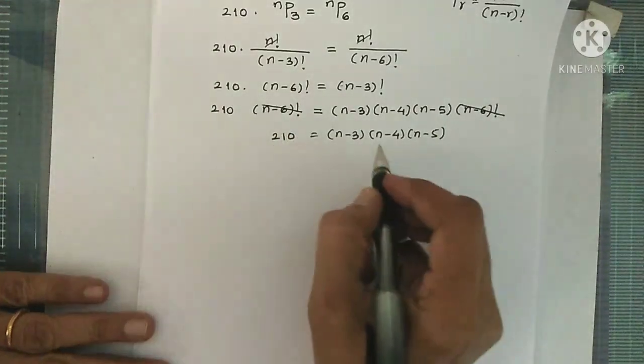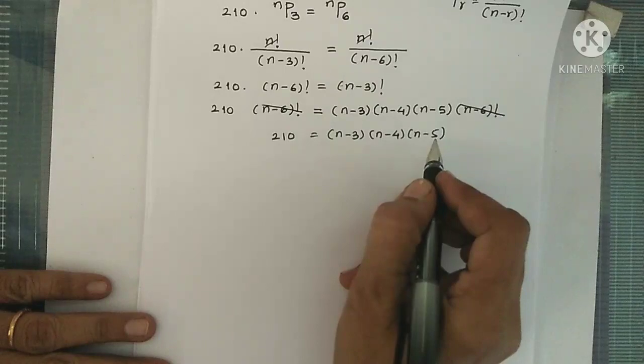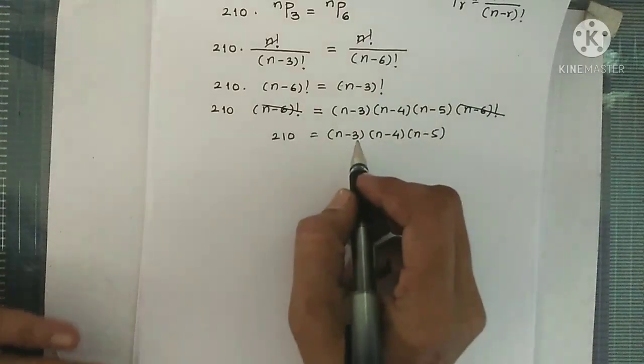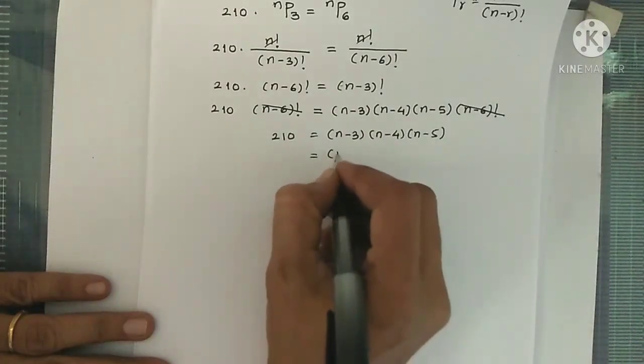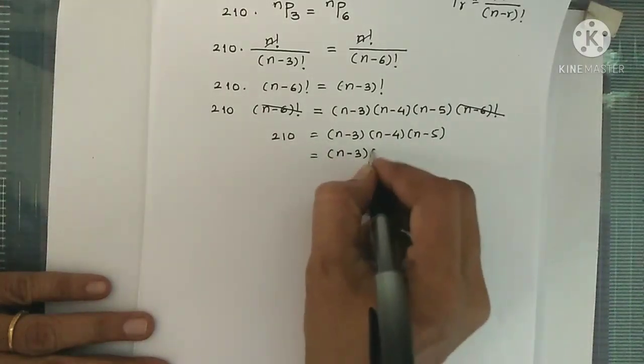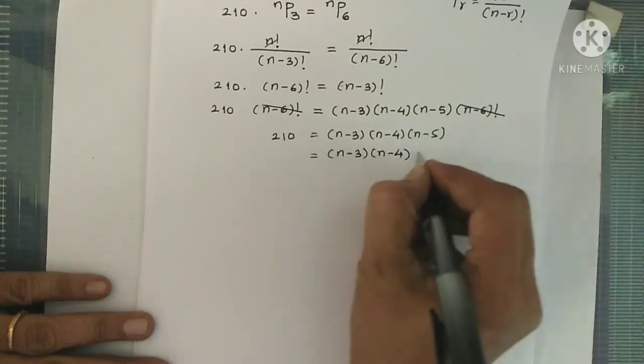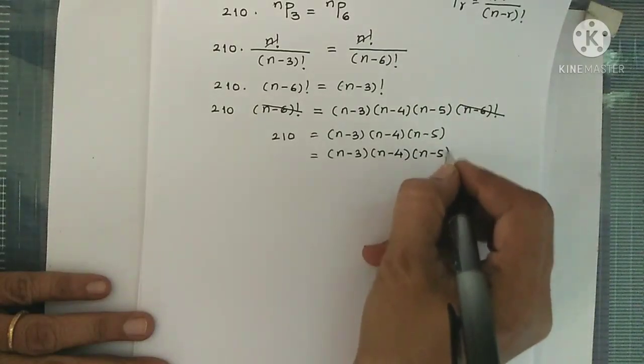Here we have a product of three consecutive natural numbers starting with the biggest one. So let's write 210 as a product of three natural numbers starting with the biggest one.